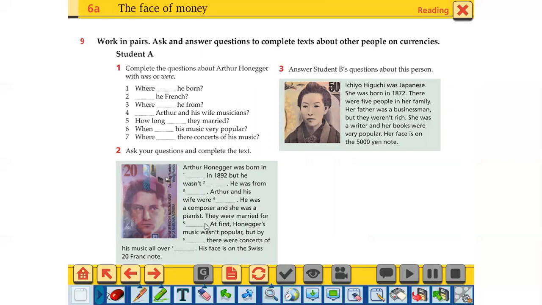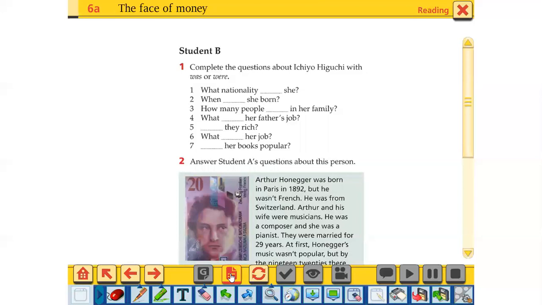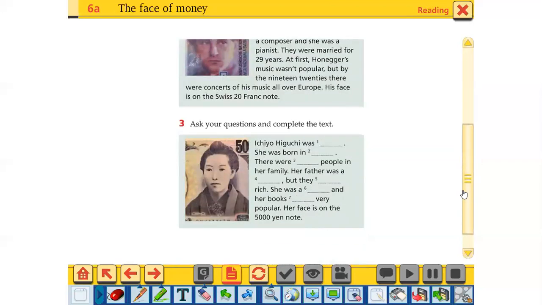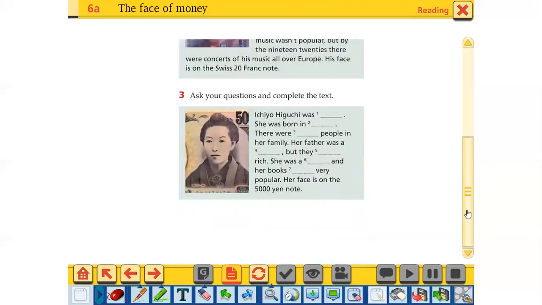This way you have to work here. This is for student B. Here is more information. Ichio Iguchi was.